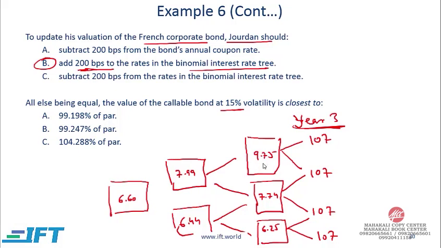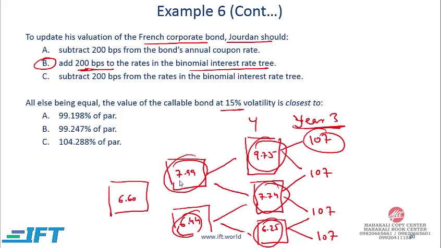So the discount rate here for year 2 to year 3, the 107 will be discounted at 9.75 for this node, at 7.74 for this node, and 7.74 is 200 basis points bigger than 5.74%. So all these rates represent a number which is 200 basis points higher than the government rates. And based on that, we use the regular backward induction process.